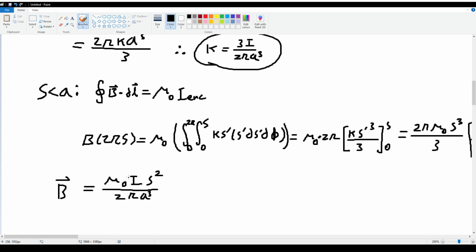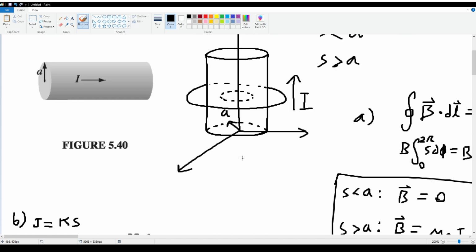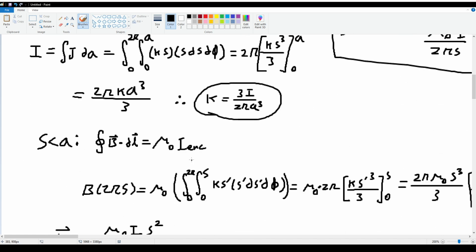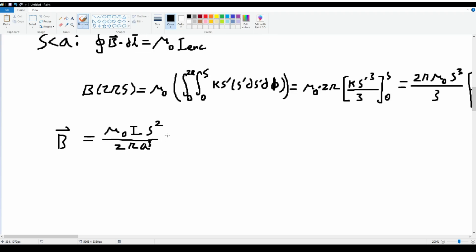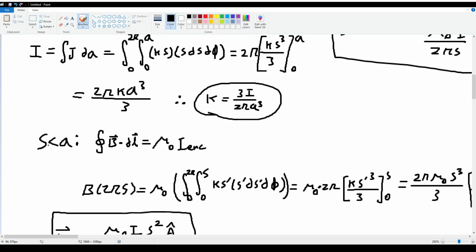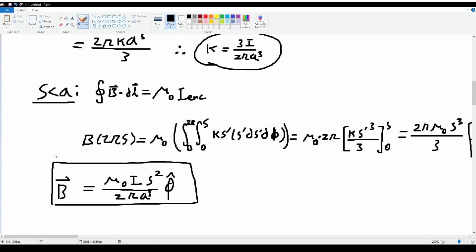Again, right-hand rule, still pointing in the same direction, so we're going to be rotating around phi. This is the answer to this case right here.